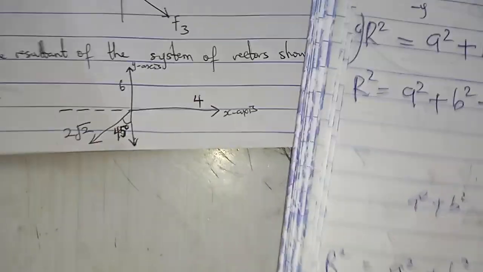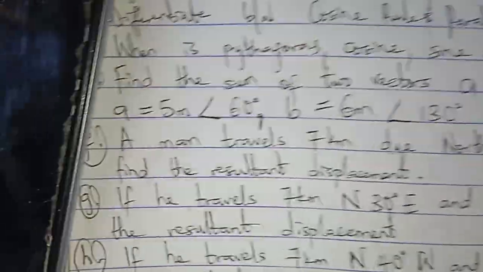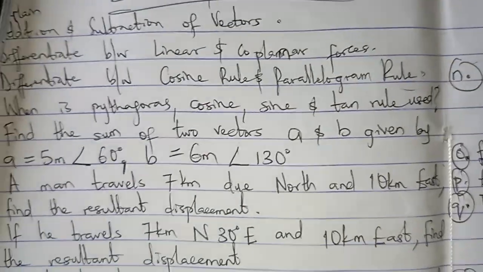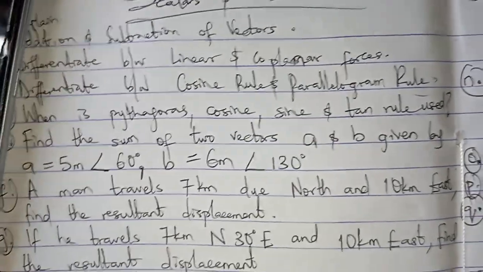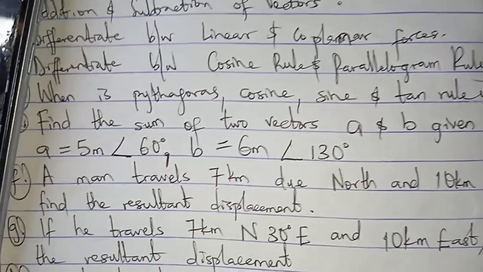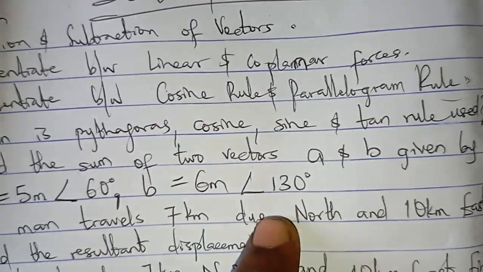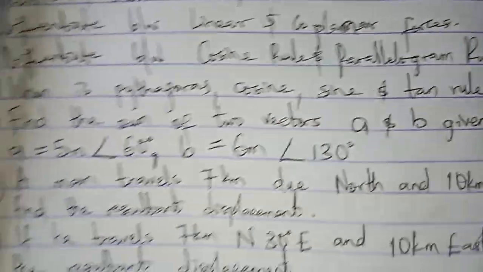Alright, let's move to the next one. They said, find the sum of two vectors A and B given by A equals 5 meter, angle 60 degrees, and B equals 6 meter, angle 130 degrees.